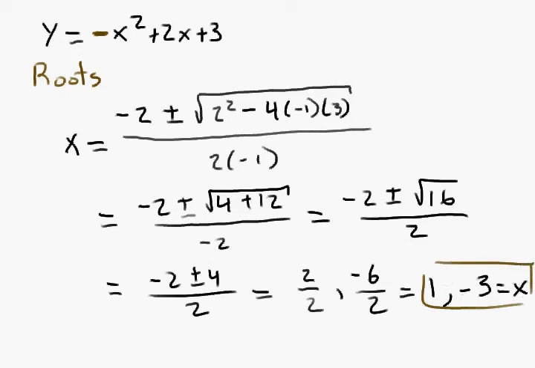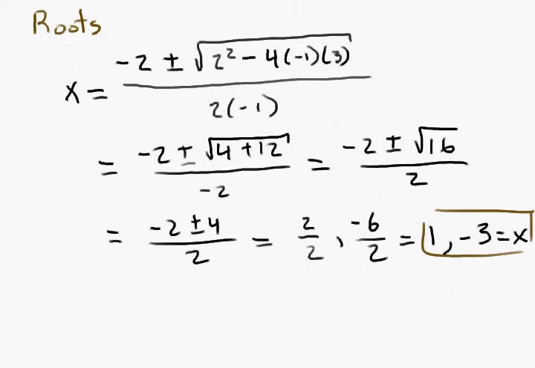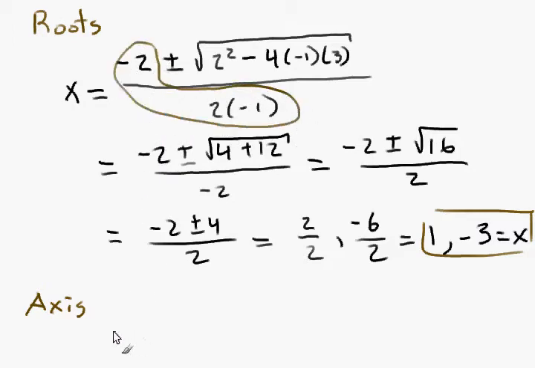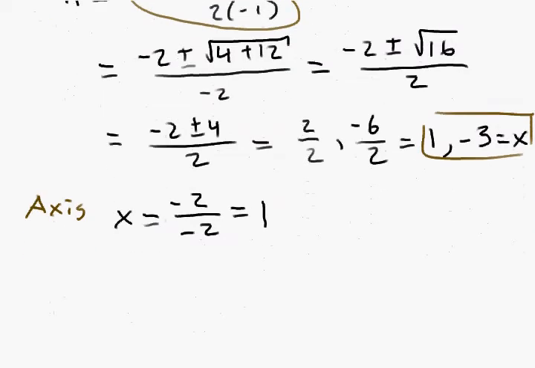Those are my roots. Next, axis of symmetry. And remember, we're just looking at this part here. The axis is the line x is equal to -2 over -2, or 1. Now we need to find the vertex.